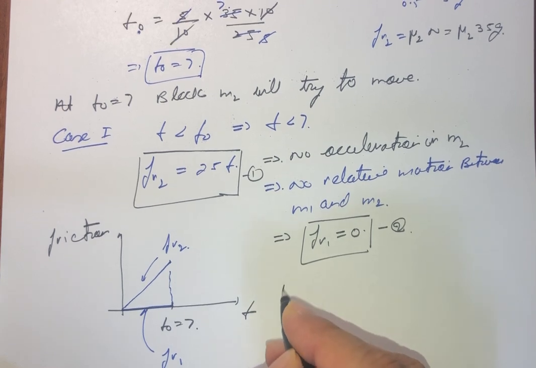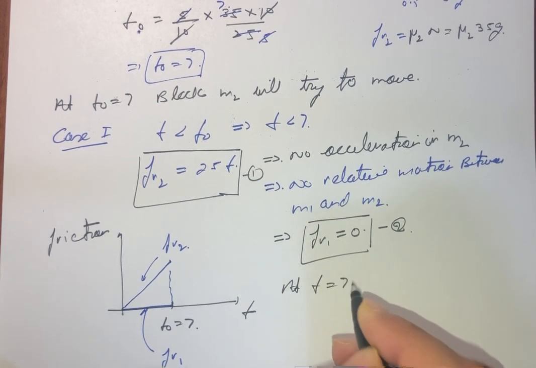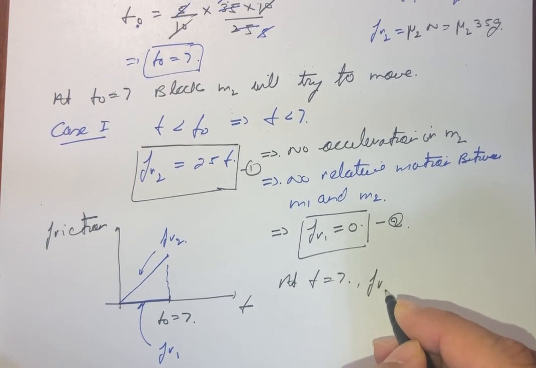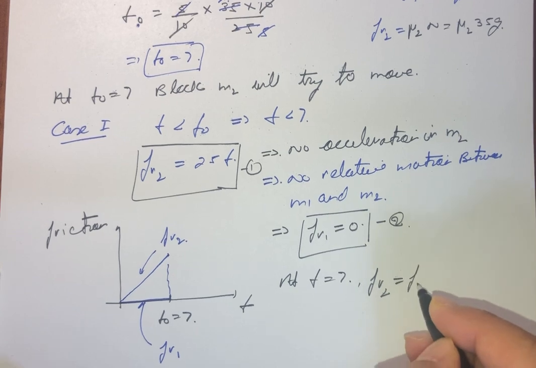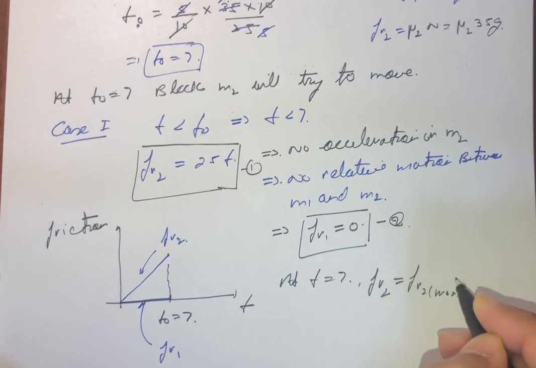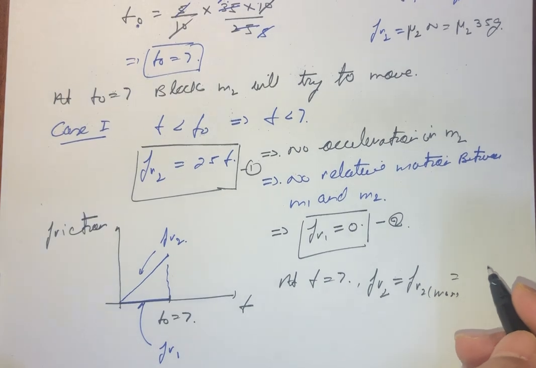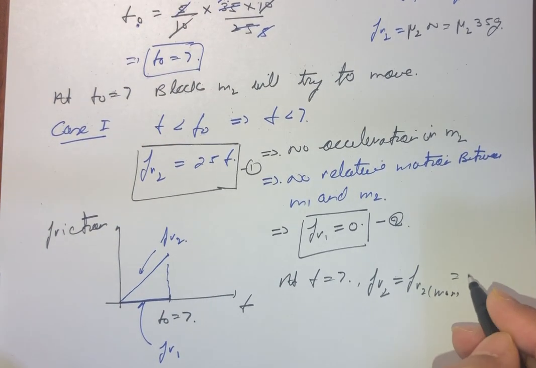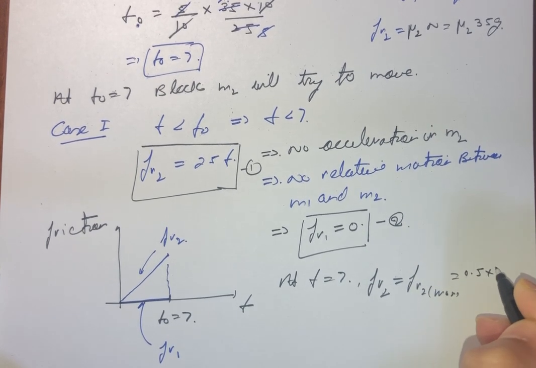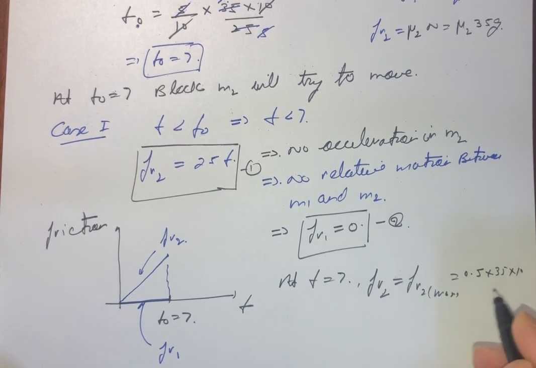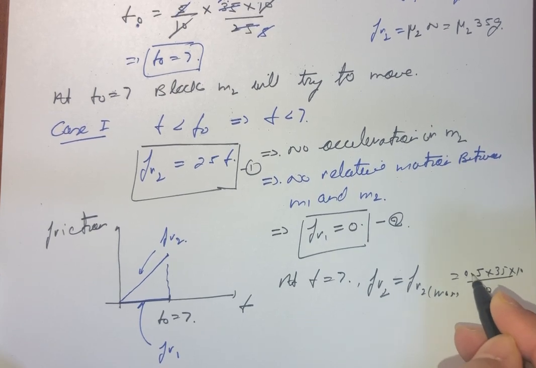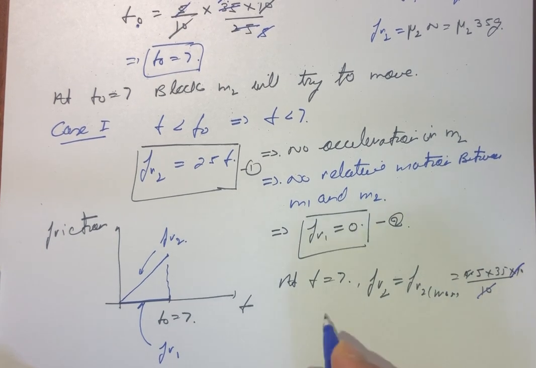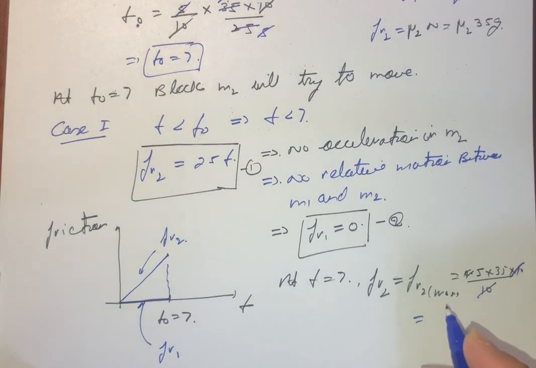At T equal to 7, FR2 will be nothing but FR2 max, which is equal to 0.5 into 35 into 10, divided by 10, so we get 175.